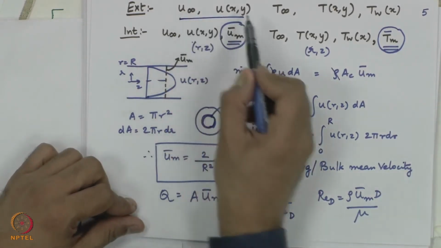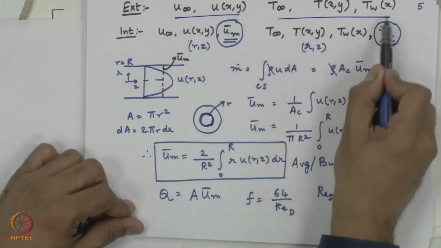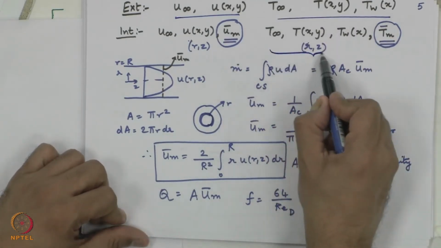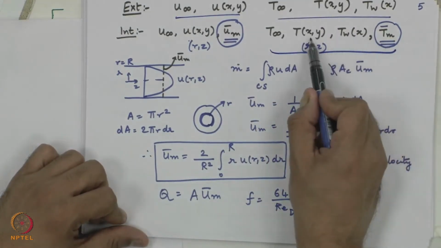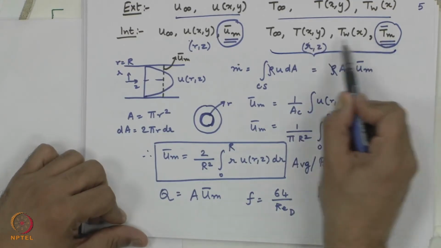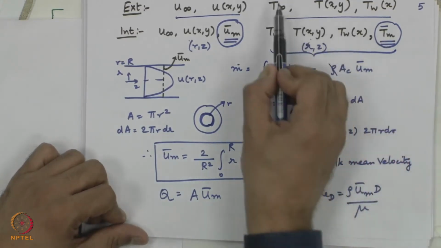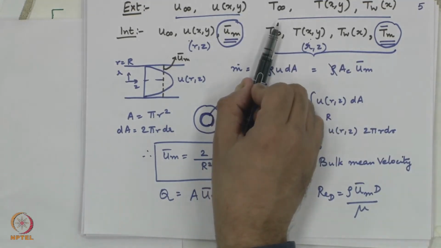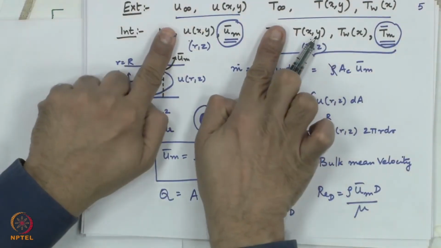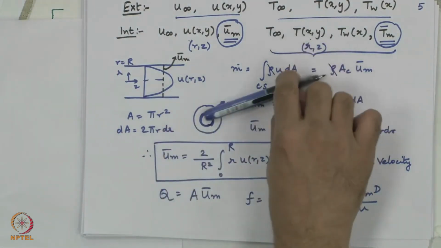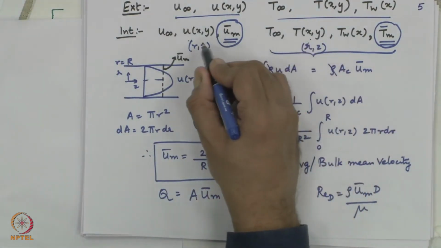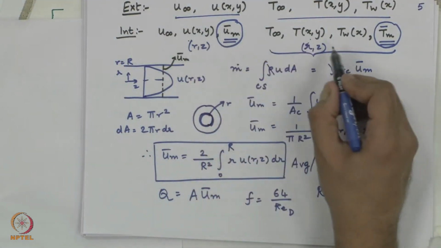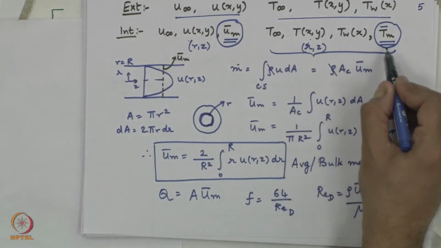Here I have only 2. Here I had 3 for temperature in external flow. I have 4 quantities that I have to take care of: local, average, infinity, wall. Infinity here will not be that important in internal flow. How the fluid came in, what velocity it came in, what temperature it came in, these two may not be so important. So, we will be handling u and we will be handling T, T_w and T_m.